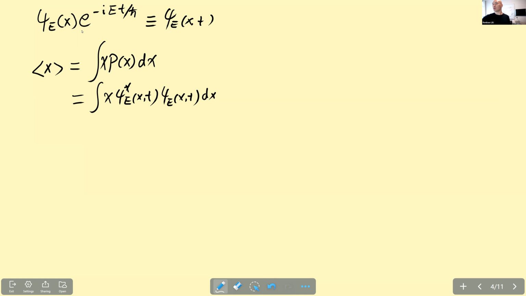And now you can see that this is a phase factor that does not depend on x. So when you do this complex conjugate, they actually cancel each other. So this is nothing but just the integral of ψ*(x) x ψ(x) dx.